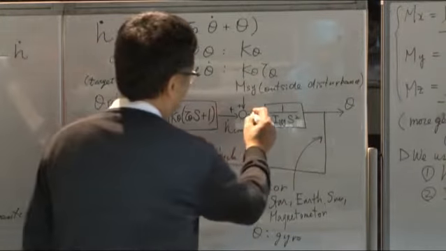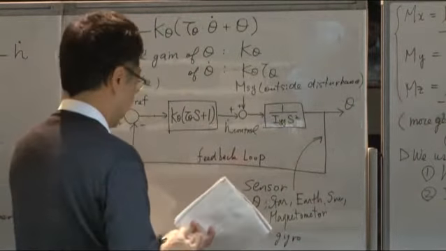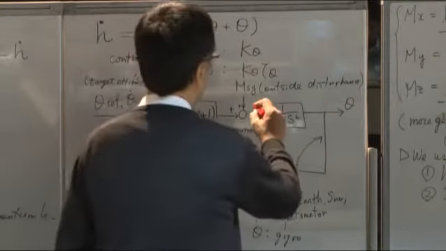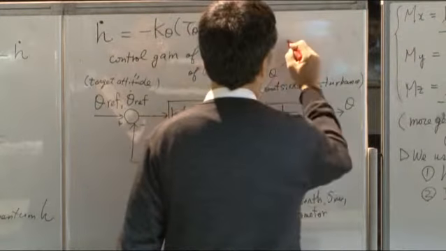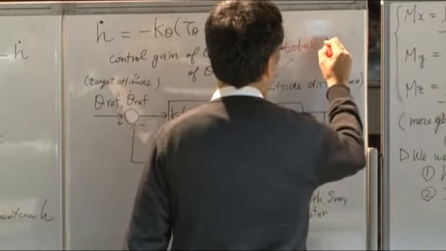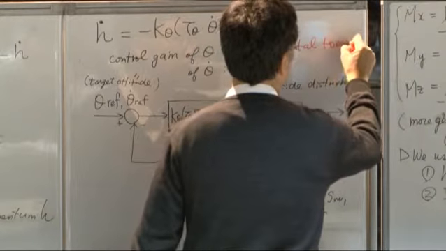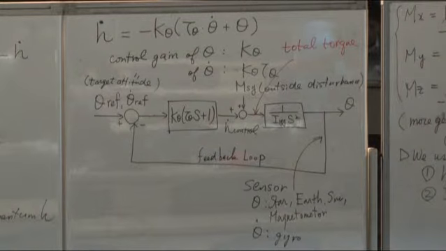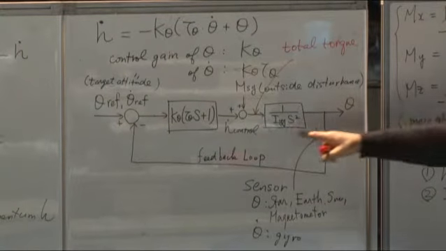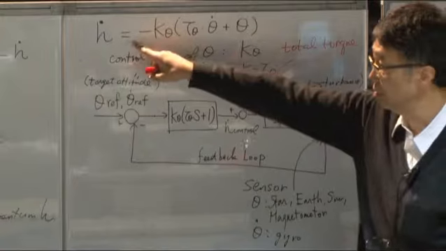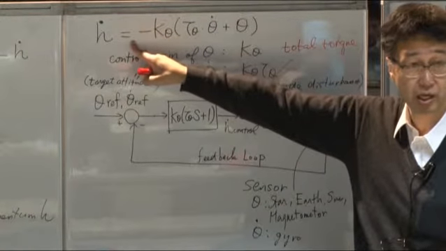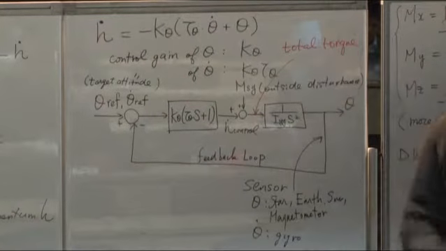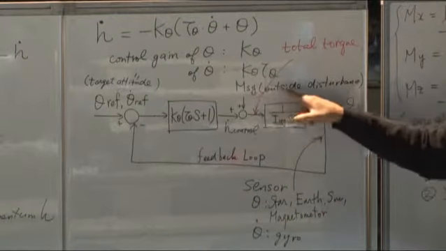At this point, the total torque comes here. The total torque consists of the H dot control, that is the targeted or intended torque using the wheel, plus some outside disturbance.